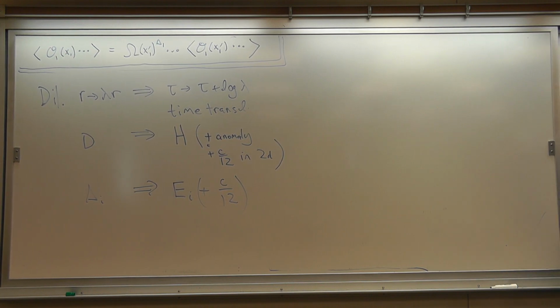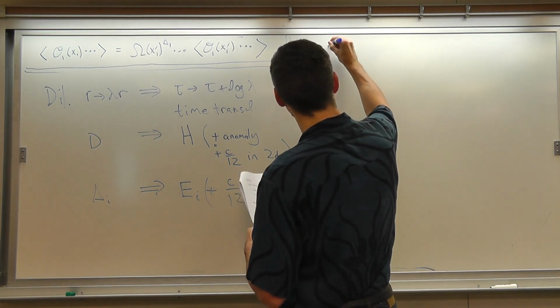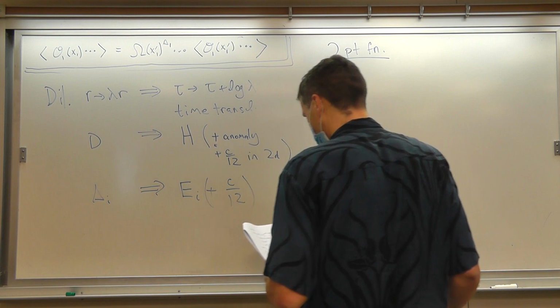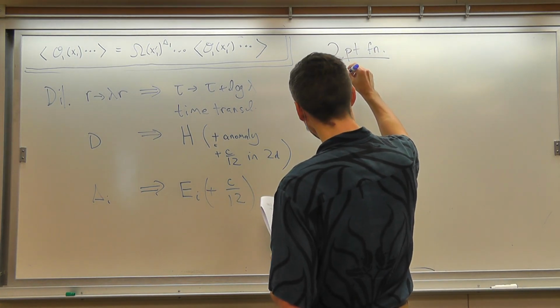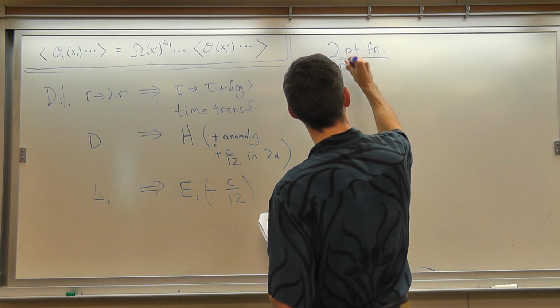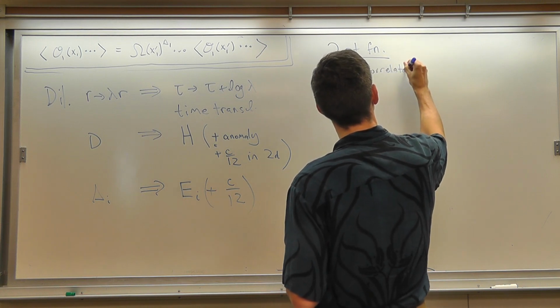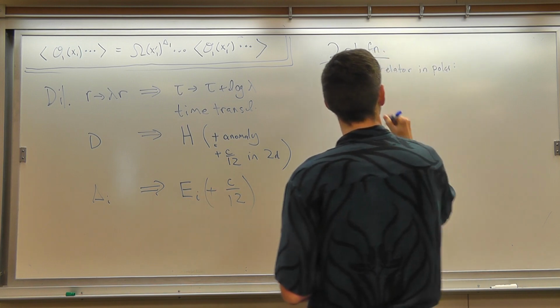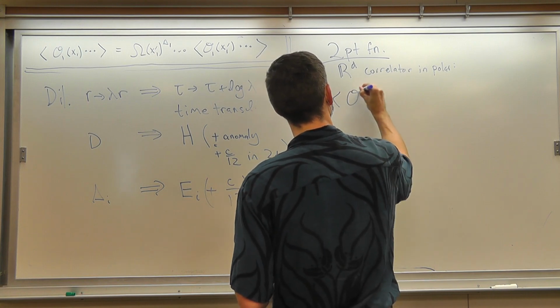Let's calculate the 2-point function on the cylinder. This will be a good little practice problem, using our Weyl transformations. We'll start by just writing the Euclidean correlator in polar coordinates. We just want to rewrite the correlator on the plane.